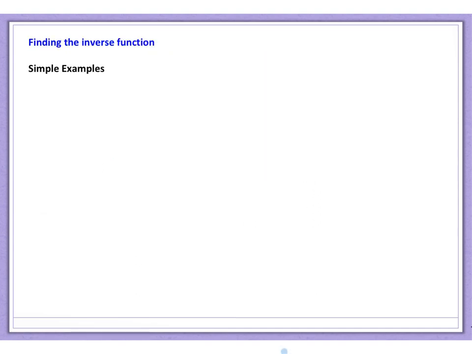Let's have a look at how we can find the inverse function for a given function. We'll have a look at a few simple examples. Number 1, let f of x equal (2x minus 5) over 3. We're not going to worry about the domain and range just at the moment. So one way which you may have come across previously is the concept of writing out a forwards and then reverse flowchart.